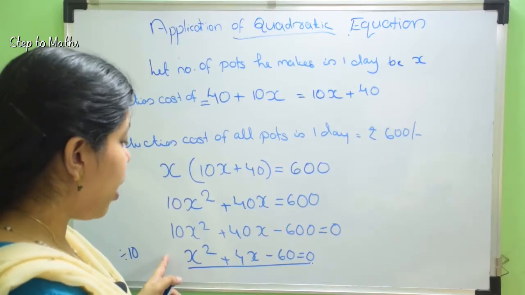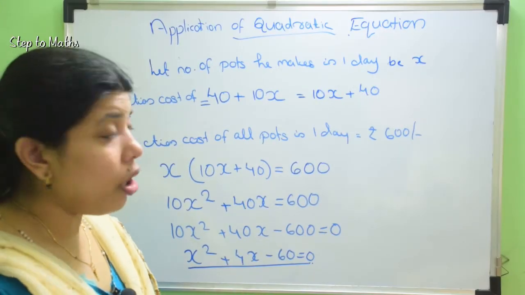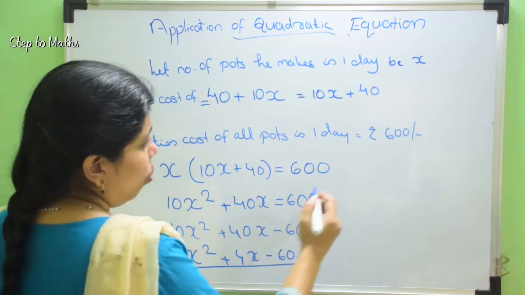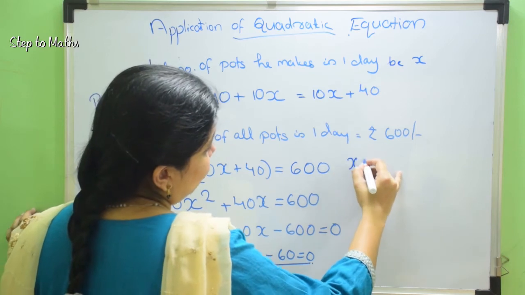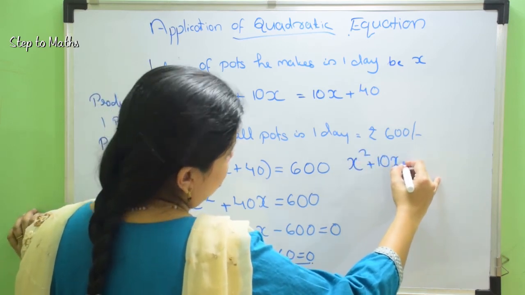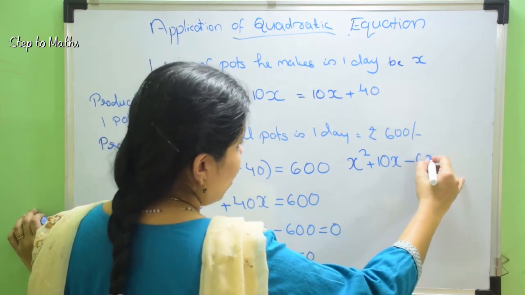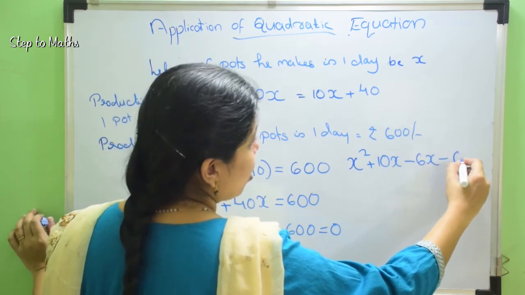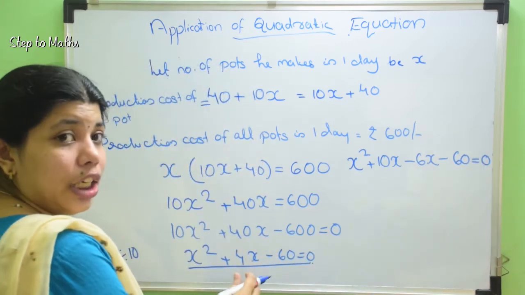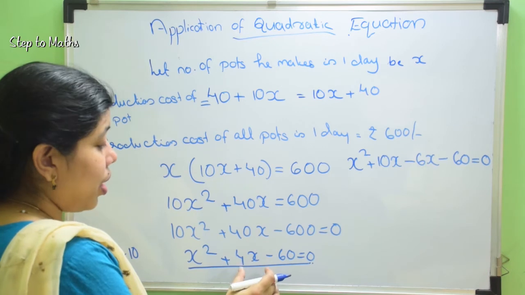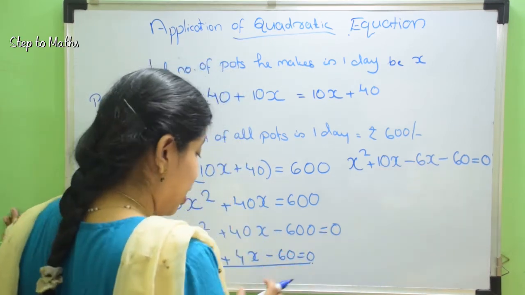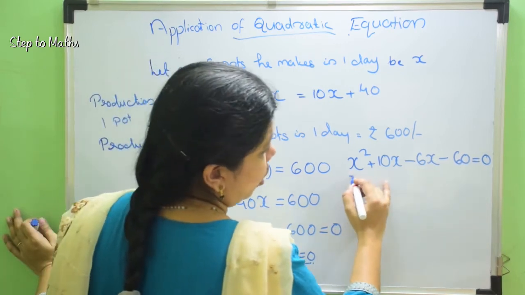We can solve this equation either using formula or factorization method. We can rewrite this equation as x square plus 10x minus 6x minus 60 is equal to 0. That is, the term 4x is written as 10x minus 6x. 10x minus 6x is 4x.